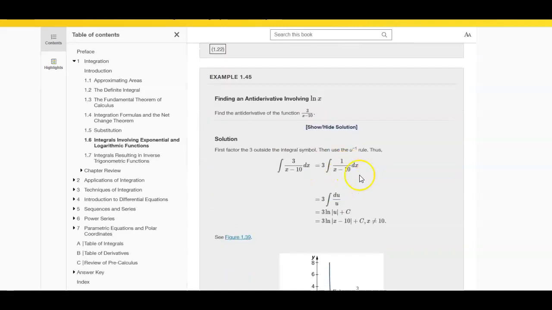You can pull the 3 out, make u equal to x minus 10, and then this becomes just 3 integral du over u, because the derivative of x minus 10 is just 1 dx. So it matches perfectly. That's 3 natural log absolute value of u plus c, and that's 3 natural log absolute value of x minus 10 plus c. So that's kind of how that works.